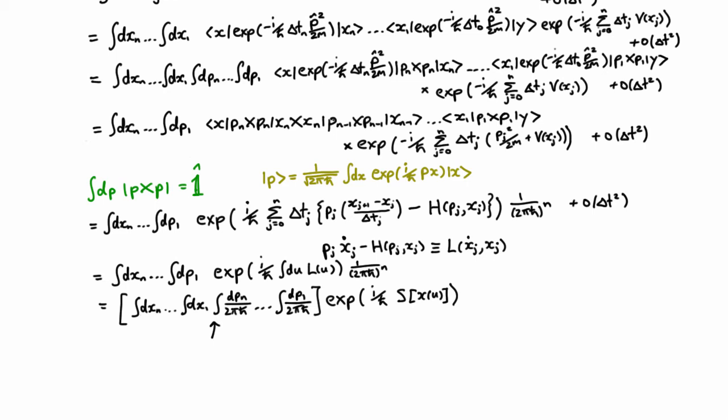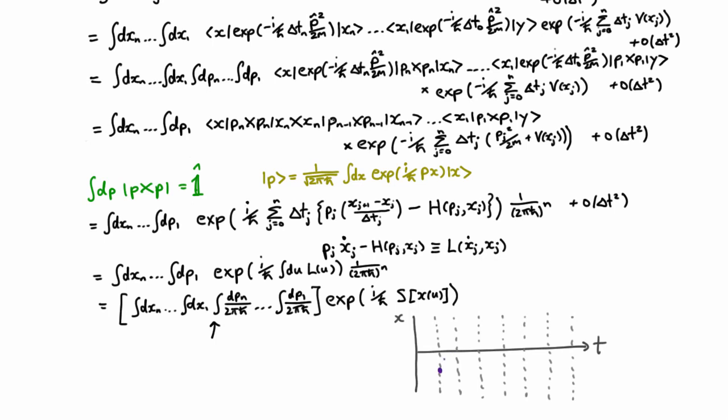Let's have a look at that. Let's just look at the positions, I guess. So here again is our time axis. Here's our position. And here are our little slices in time. So supposing we start here, that's our x. And supposing we're going to finish there, that's our y. Then we're talking about every possible value for here.